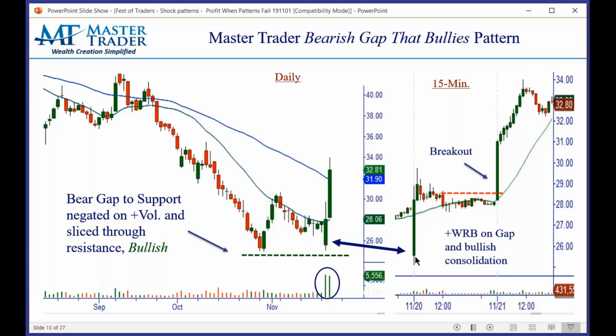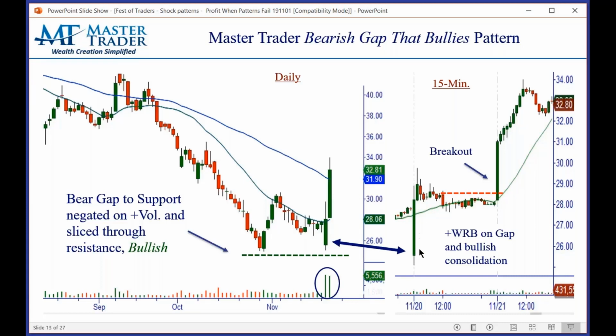Bearish gaps that fill the gap in the first 30 minutes with a price void. Again, remember, price void means it had a big move down and there's insignificant resistance to the left, which means it has room to advance towards the prior resistance areas. That's on my watch list to get on board long.